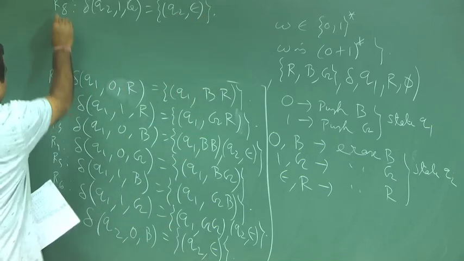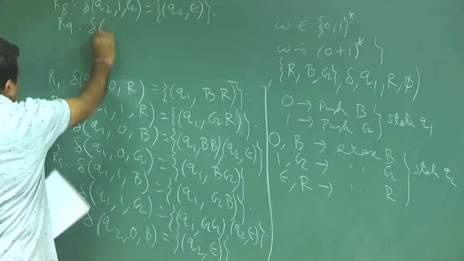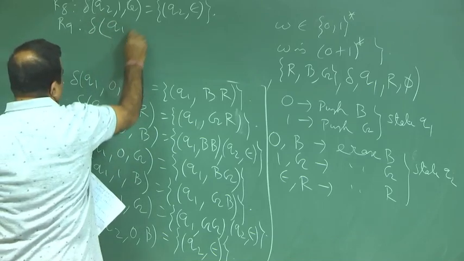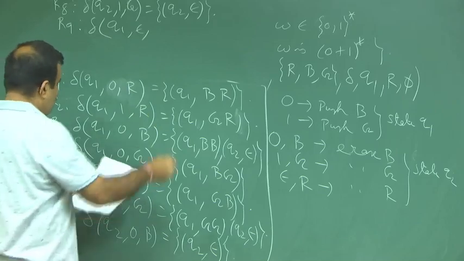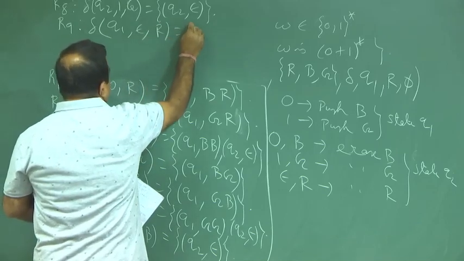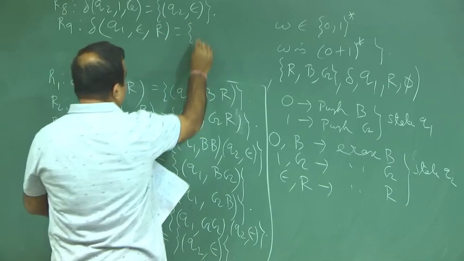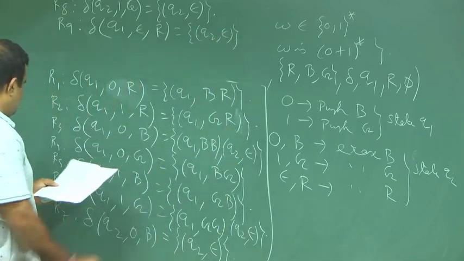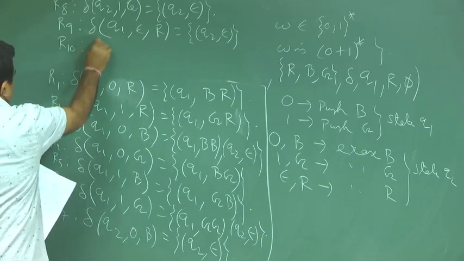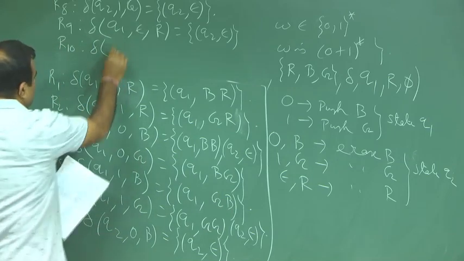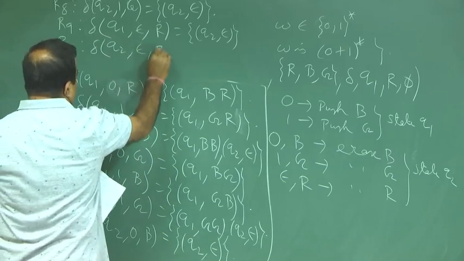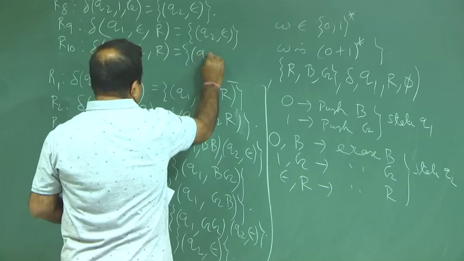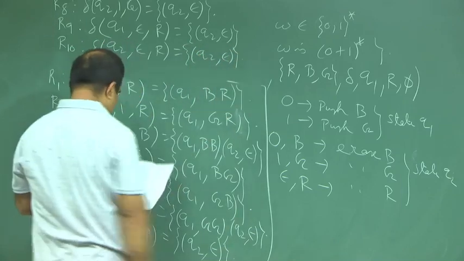And R9 and R10: delta of Q1 epsilon, we have an epsilon move also, this is Q2 epsilon. And the last one is delta of Q2 epsilon R, this is nothing but Q2 epsilon. Okay.